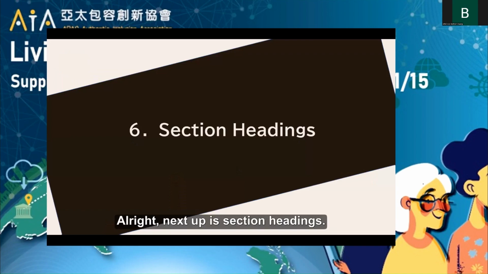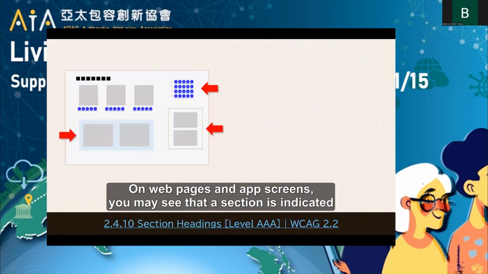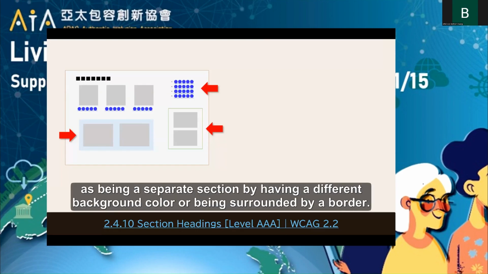Alright, next up is section headings. This is at level AAA in the guidelines, but I would say this is essential for all users. On web pages and app screens, you may see that a section is indicated as being a separate section by having a different background color or being surrounded by a border.